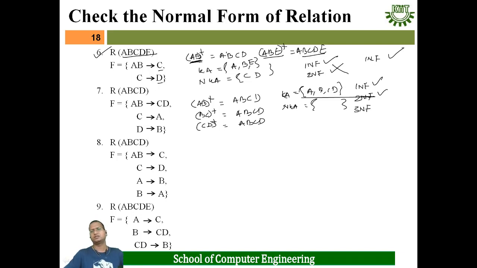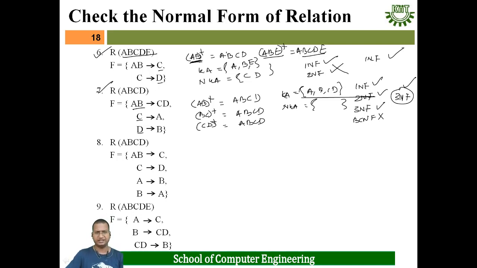For 3NF, is transitive dependency present? No. It is in 3NF. For BCNF, check whether the left-hand side of every functional dependency is a key. AB is a key, no problem, but C and D in this case are not keys. That means it is not in BCNF, so the highest normal form of this relation is 3NF.